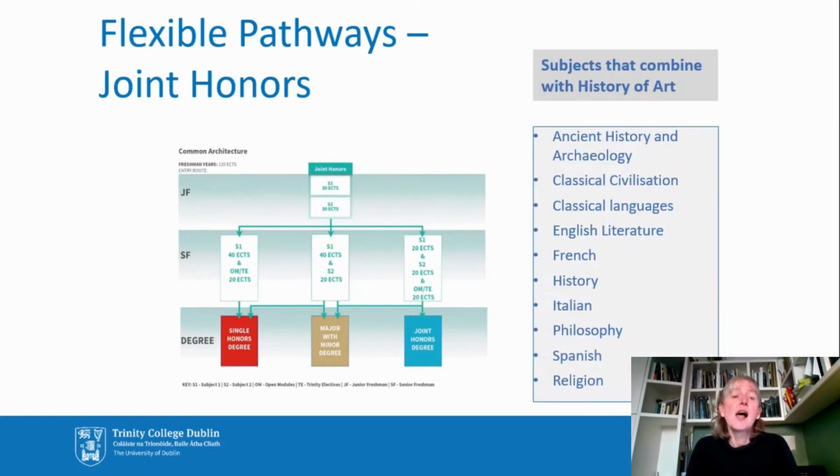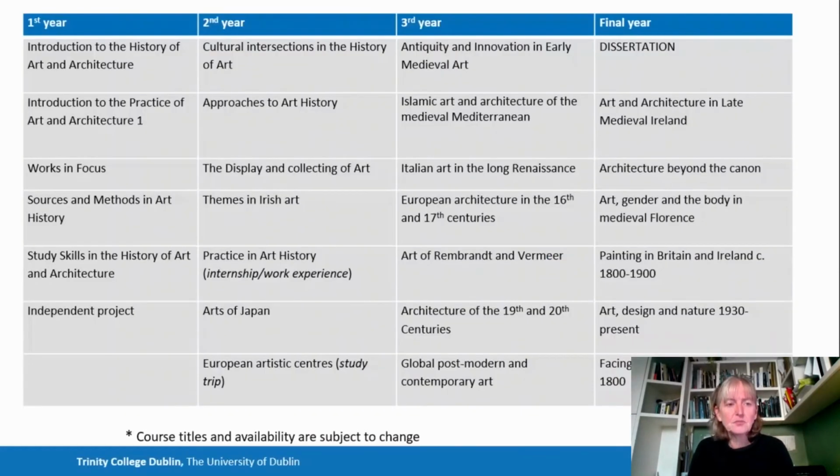For joint honours, the entry route, there are various combinations with other subjects in arts and humanities, and I list them here, all of which complement the study of the history of art and architecture. And we very much encourage students taking a joint honours degree to really draw on their other subjects to help inform the way that they study and interpret works of art and architecture.